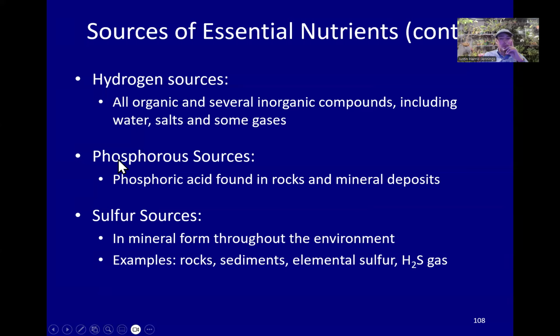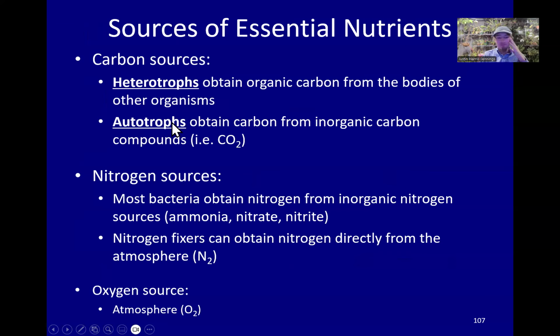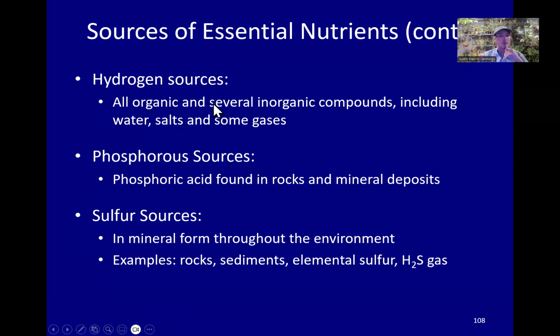So, in the environment around you, essentially. Hydrogen comes from other organic compounds like sugar, which has lots of hydrogens. Water has hydrogens, and so when you split the water through hydrolysis, you can get hydrogens through that.